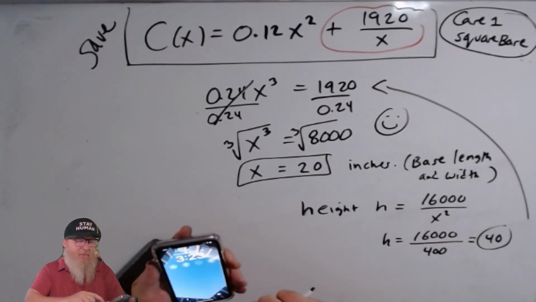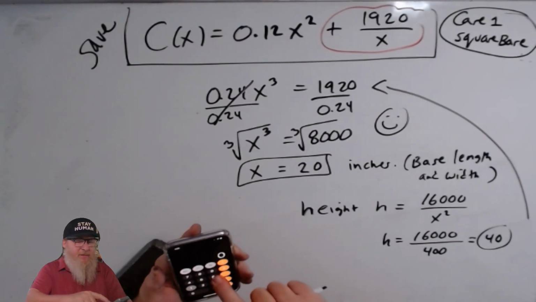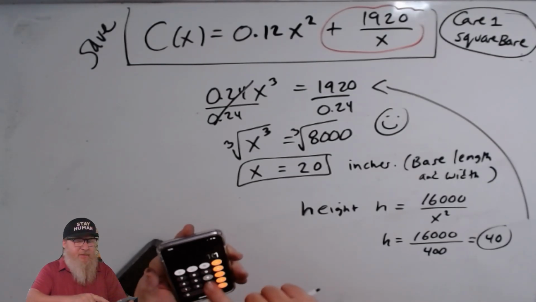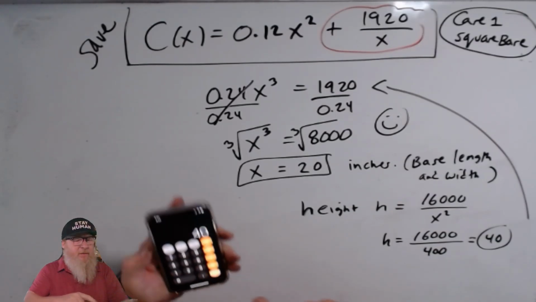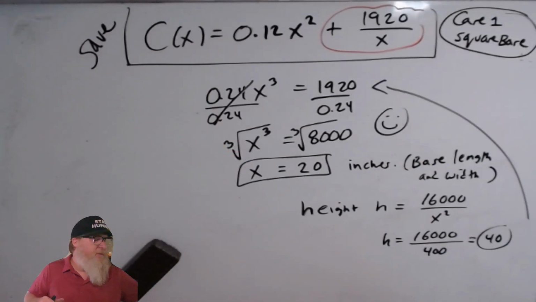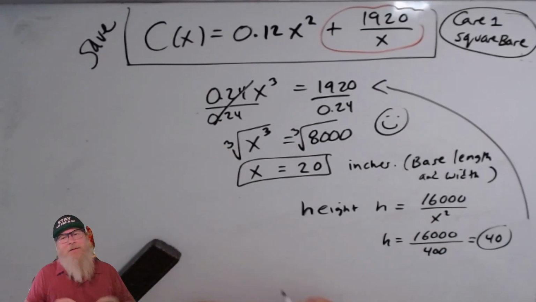Why am I even breaking out my calculator? You know it's 40. 16,000 divided by 400. Of course it's 40. I just wanted to make sure, all right? It's late. All right, that's the height.